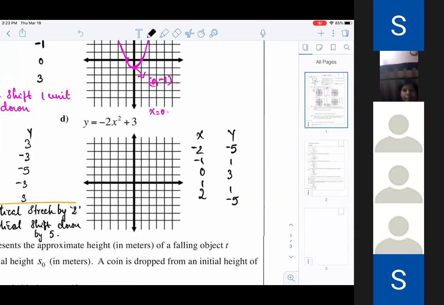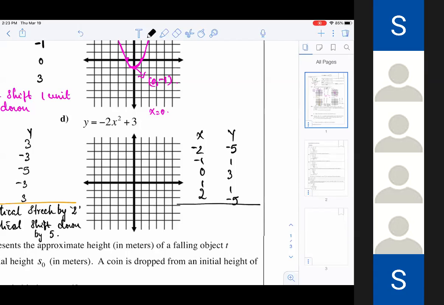Okay, now plot the points and tell me the transformations. The transformations would be, oh yeah, did you guys see that the graph flipped? Yeah. Why? There's a negative.